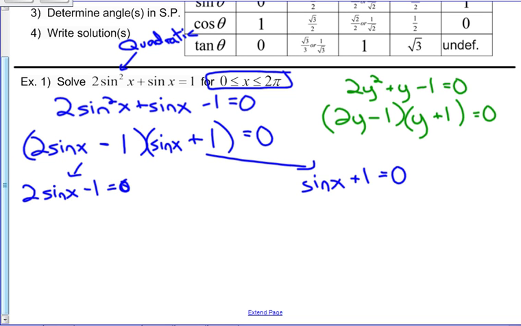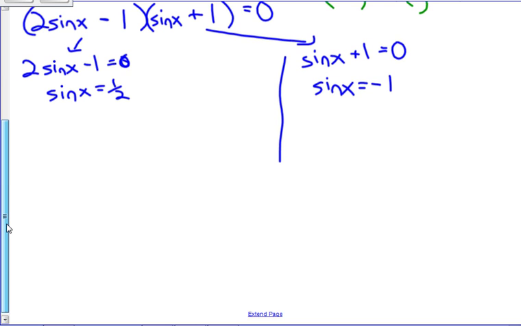So I'll move that 1 over and divide by 2. I'll have sine x equals a half. And this one over here, I'll have sine x equals negative 1. I factored, and I started to solve each of the elementary equations. That's all the new stuff that we're doing. And really, it's not new, because we've factored quadratics before in our high school algebra careers.